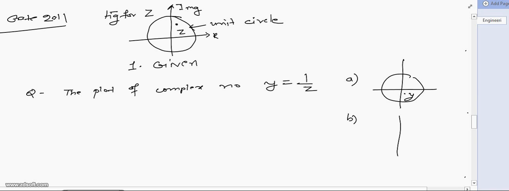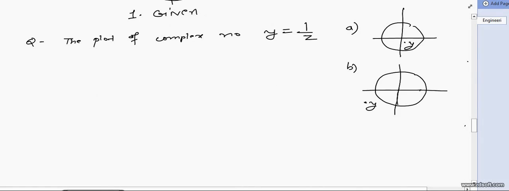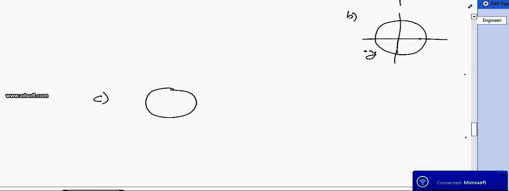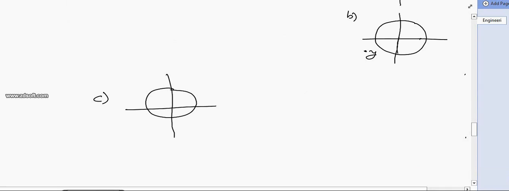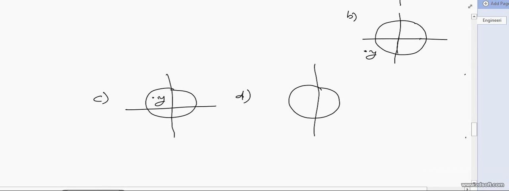Figure B, where y is lying here. Option C, y lying here, and option D, your y lying here.